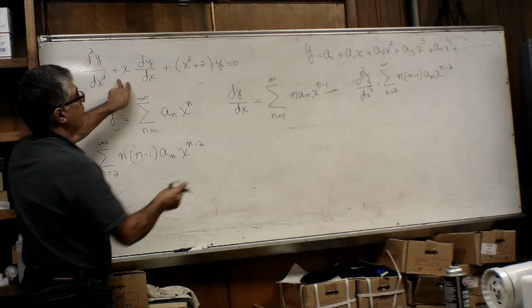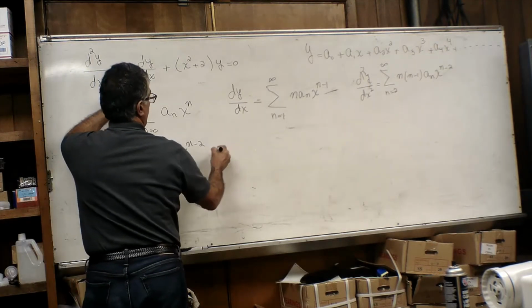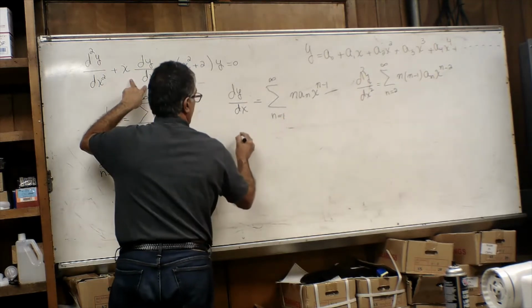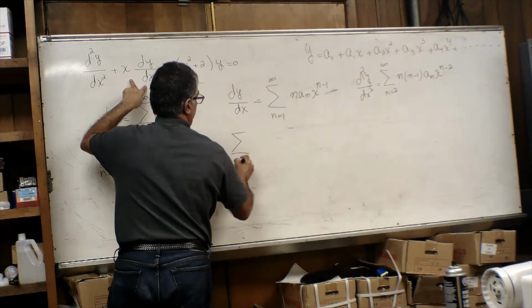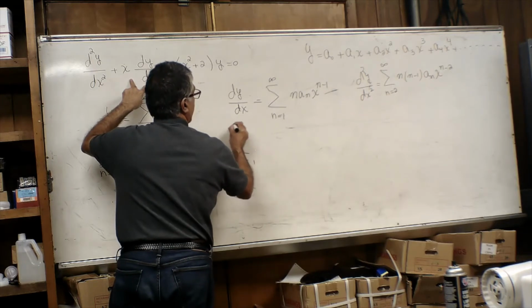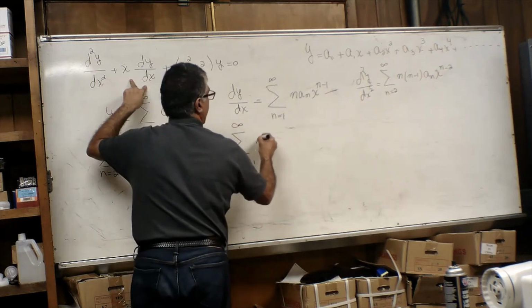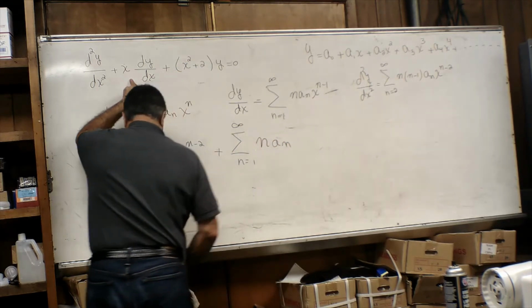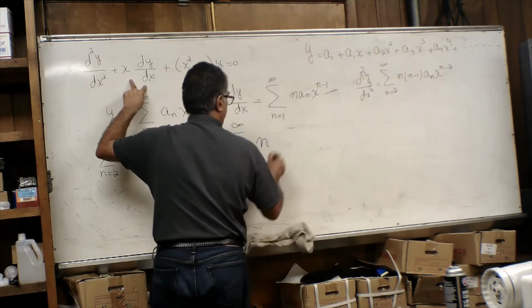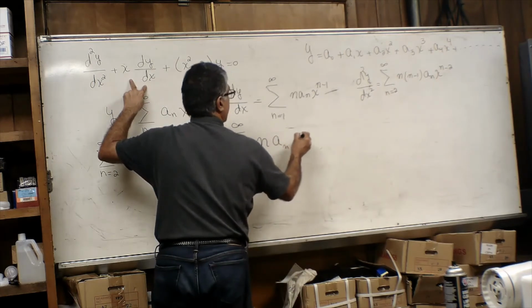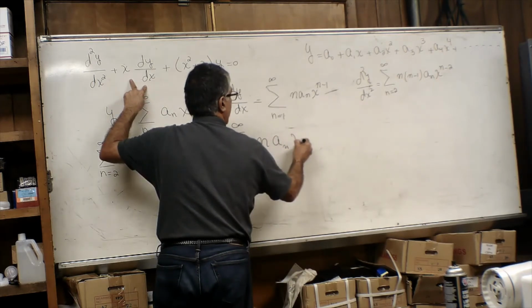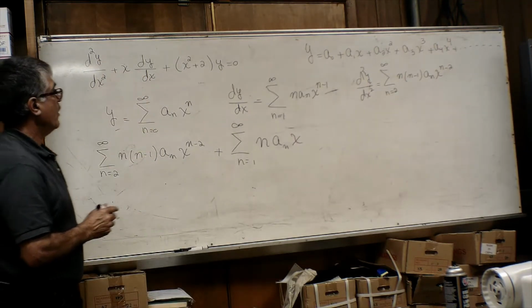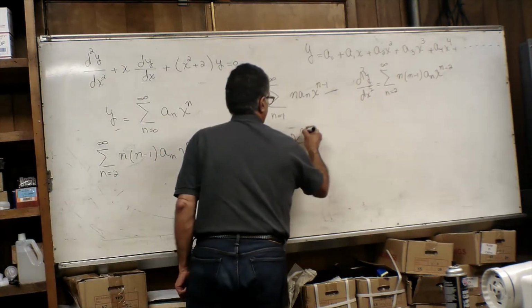plus x multiplied by dy dx. So we are going to have summation of n equal to 1 to infinity n a n x to power n.